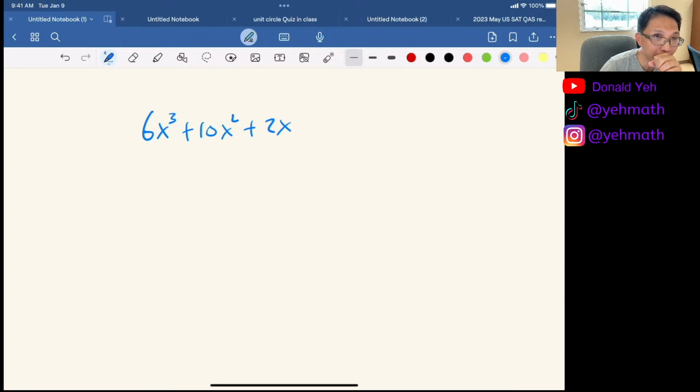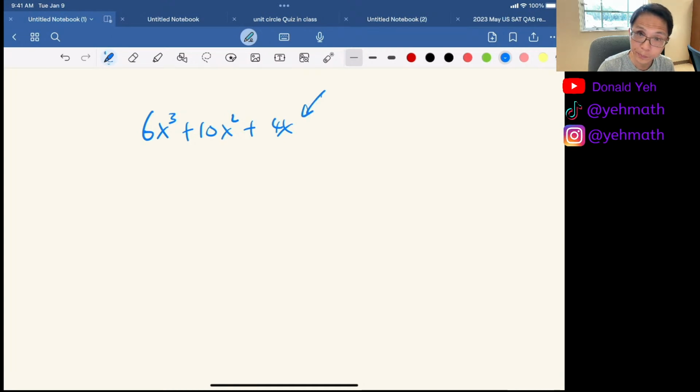Make sure you factor out GCF. That means you combine yesterday's step and today's step. Wait, hold on a second, this is wrong. This should be 4x. My bad. It should be 4x. It's 6x cubed plus 10x squared plus 4x. I made a mistake.